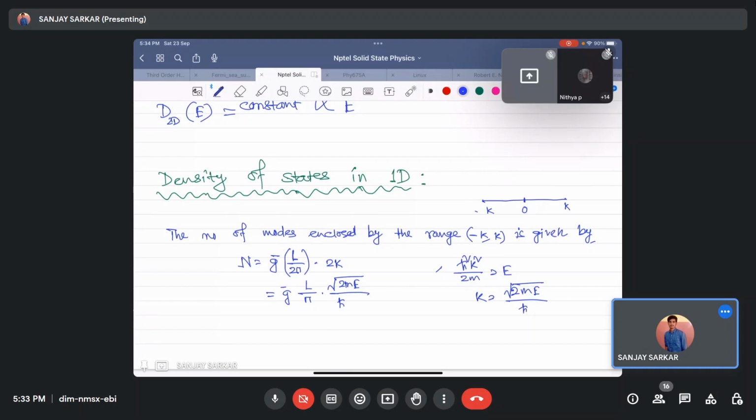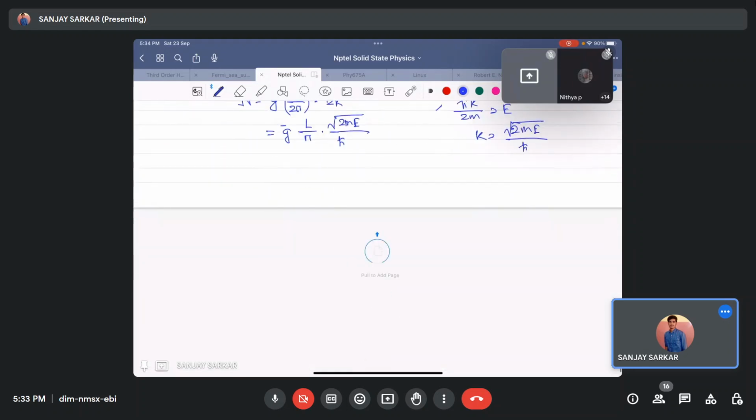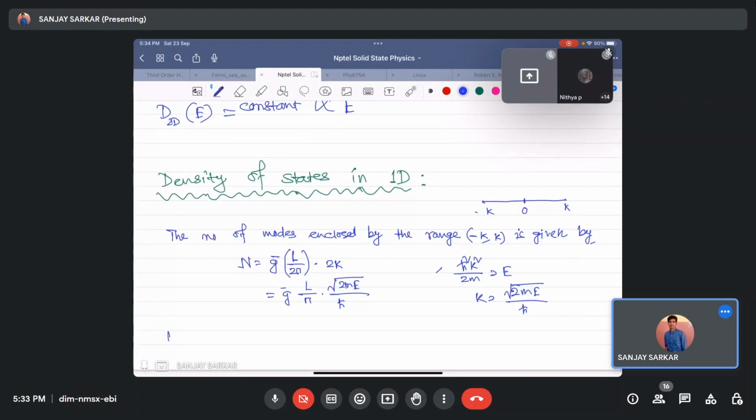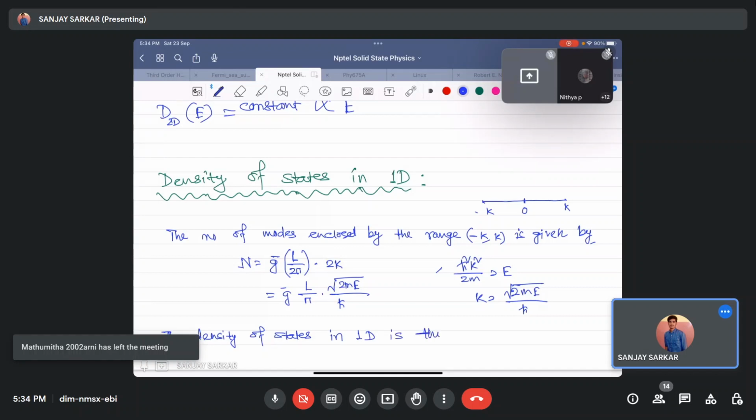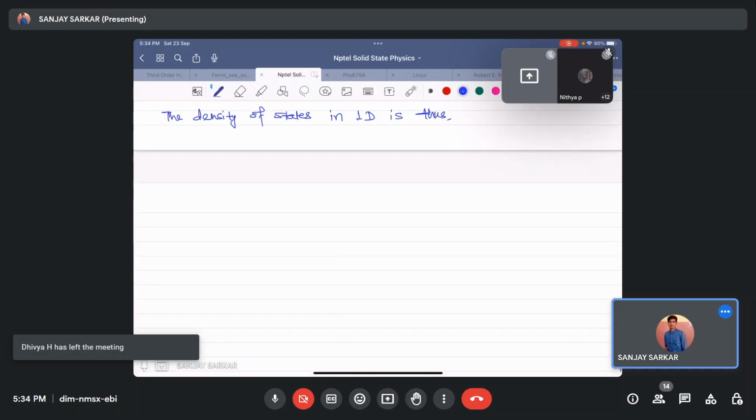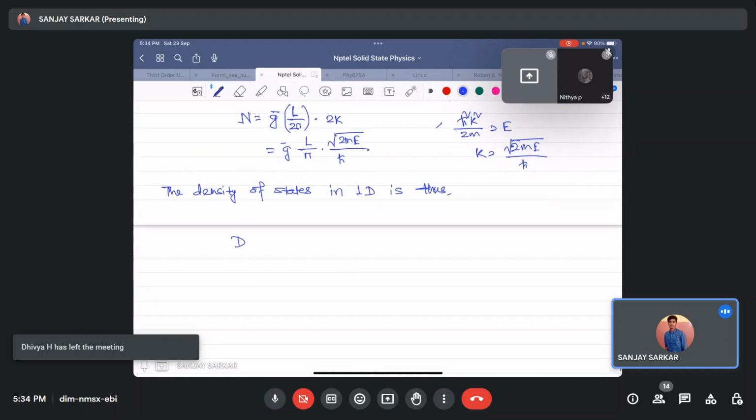Now the density of states in 1D is thus, so what will be the density of states in 1D?